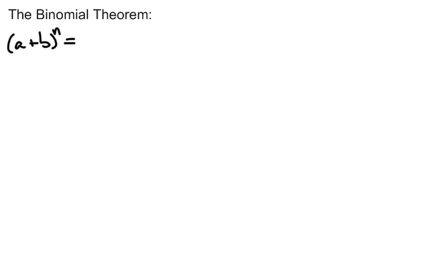See, if we have a plus b, a two-term binomial taken to the nth power, the first term is going to be n choose 0. a is taken to the nth power, b is taken to the 0th power. For the next term, n choose 1. a gets reduced by a power, and b is now at the first power.